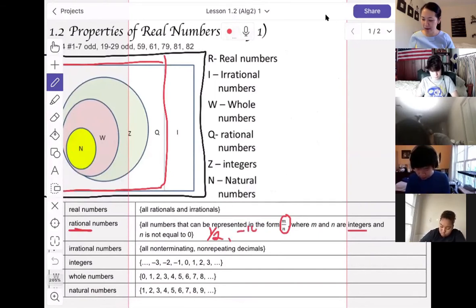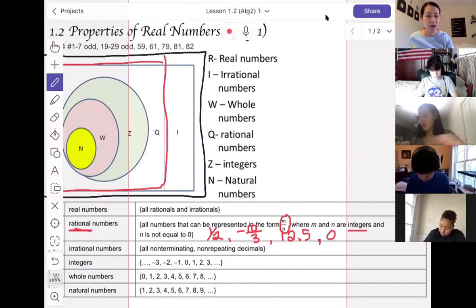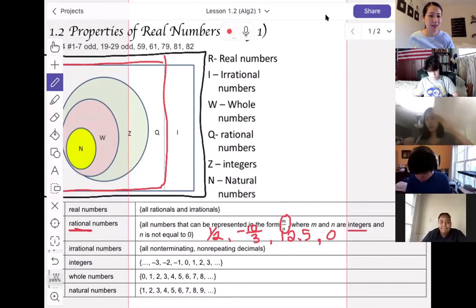Negative 10 over 3 is a rational number. 12.5 is a rational number because I can write that as a fraction. 0 is a rational number because you can write it as 0 over 1, in fraction form. So anything you can write in fraction form where m and n are integers would be a rational number.